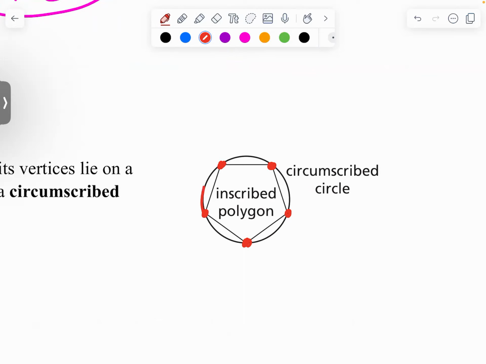We also call the circle a circumscribed circle, because it's fitting outside the polygon, okay?